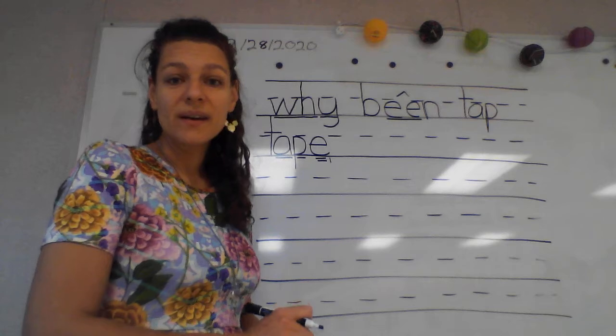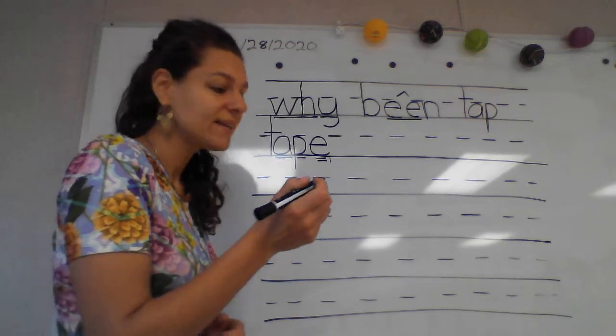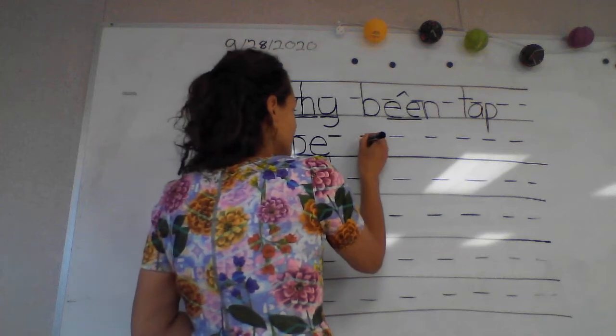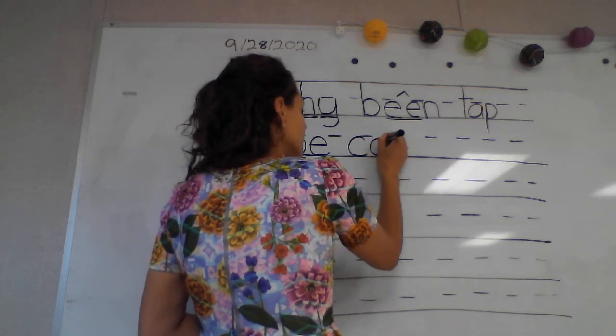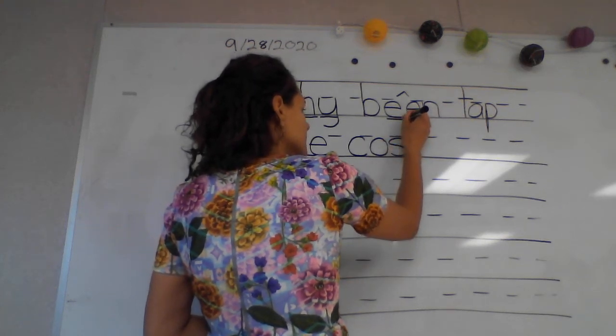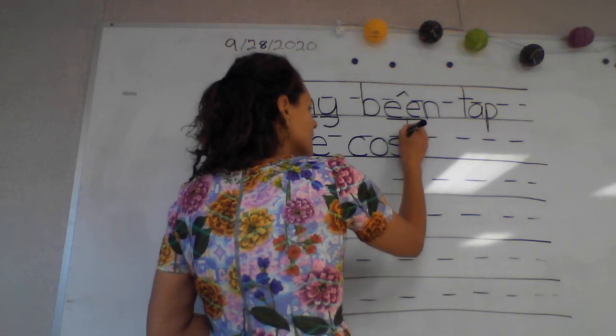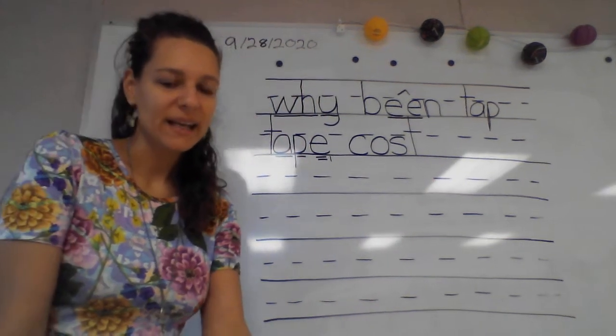All right, class, put your finger under the first phonogram in cost. What does it say? Good. Good. Excellent. And good. All right, check and make sure yours looks like mine.